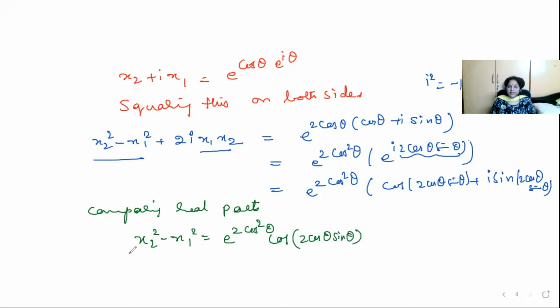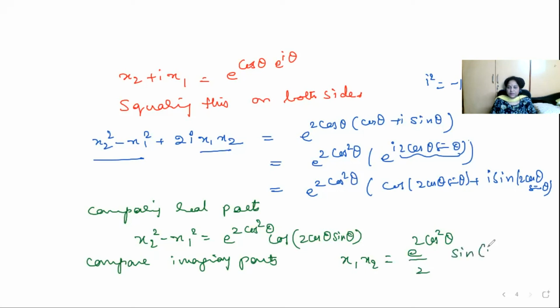And when I compare the imaginary parts, the x1 x2 value will be e raised to 2 cos square theta by 2 into sine of 2 cos theta sin theta.